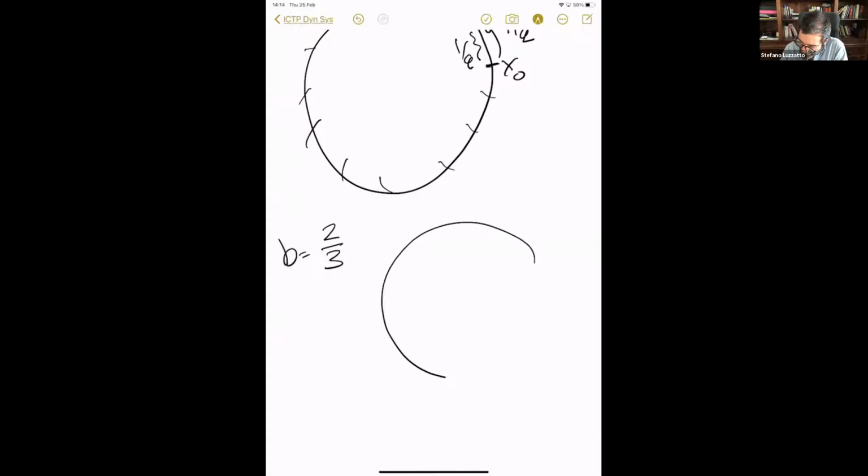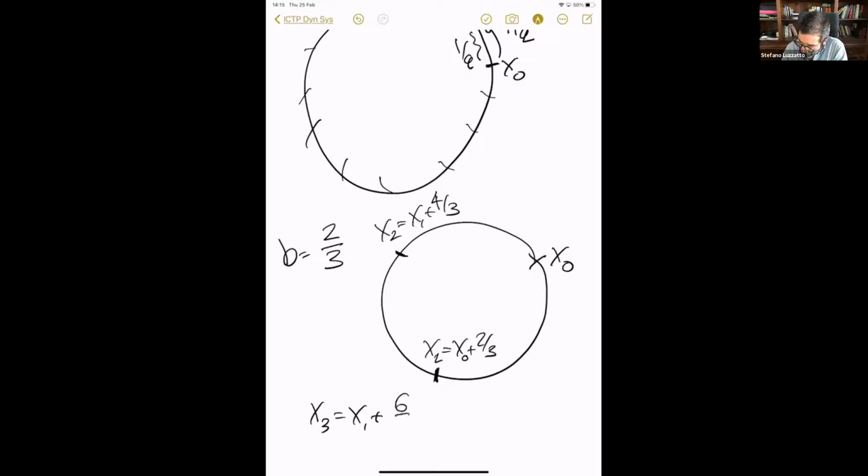So if it is 2/3, then you start with x naught, then it will go all the way to here. x1 is x naught plus 2/3, and then it will go around again by 2/3 to here. This will be x2, which is equal to x1 plus 4/3, and then we will add another 2/3, and we will have x3, which is equal to x naught plus 6/3, which is equal to x naught plus 2, which is equal to x naught mod 1.